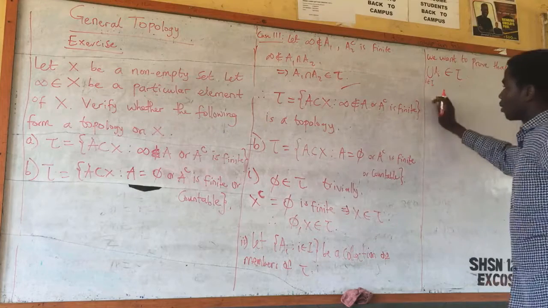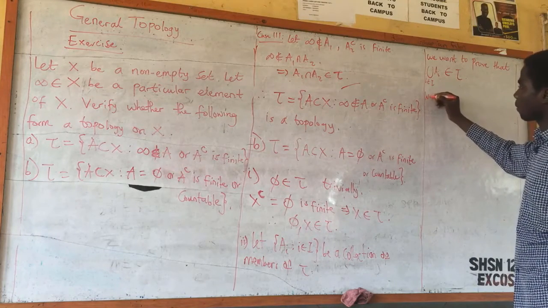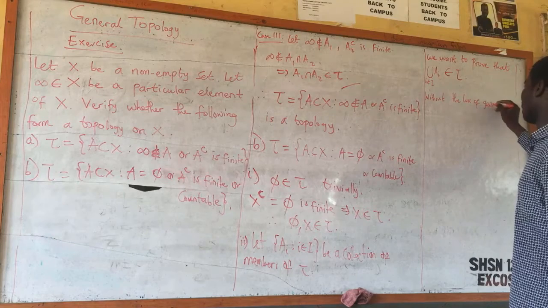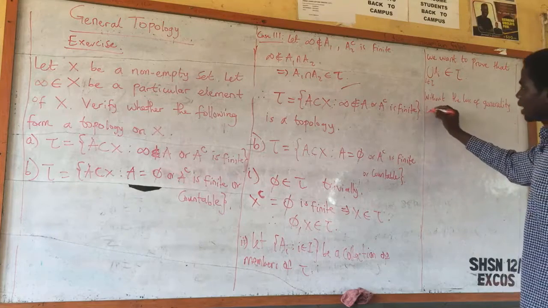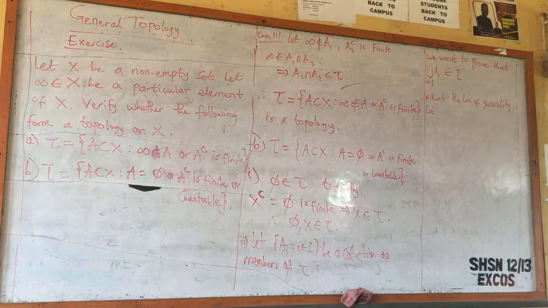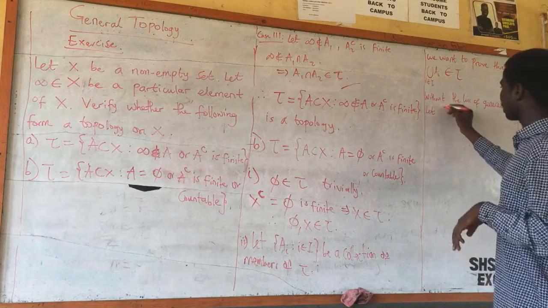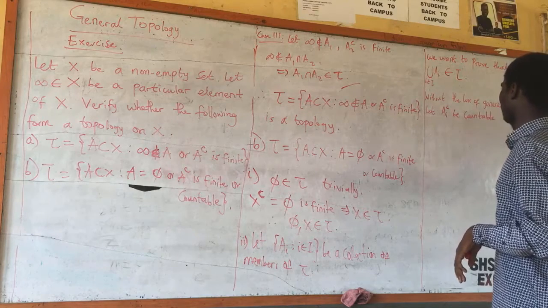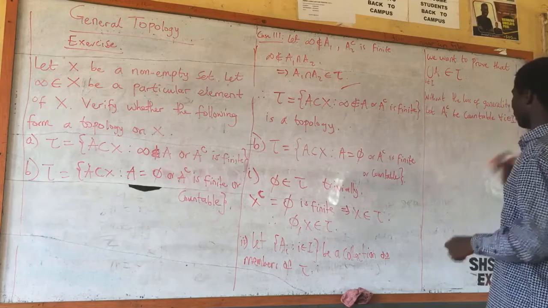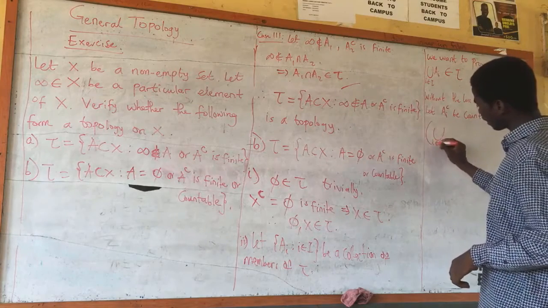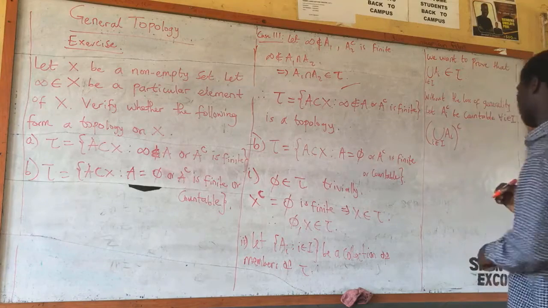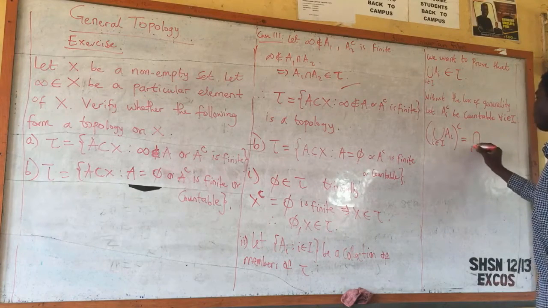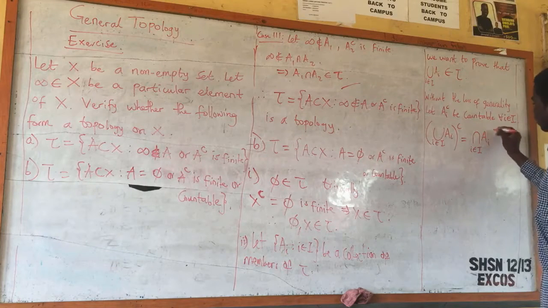So without loss of generality, let all the Ai complements be countable for all i in I. So I will now take the union of i in I of Ai complements. This will be equal, by De Morgan's rule, to the intersection over i in I of Ai complement.